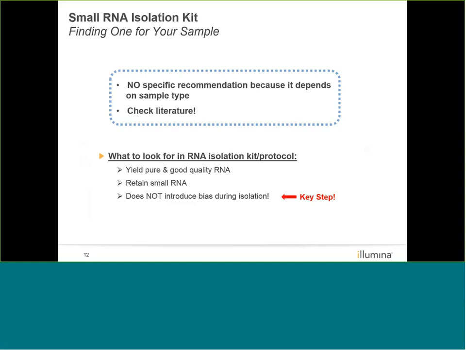Another thing is, is the relative abundance of different microRNA species retained during isolation and library prep? That's the second part of bias. So bias can be introduced at different stages. It can be introduced during RNA isolation. So that's why it is very important to make sure that the RNA isolation kit or protocol you use does not introduce bias.